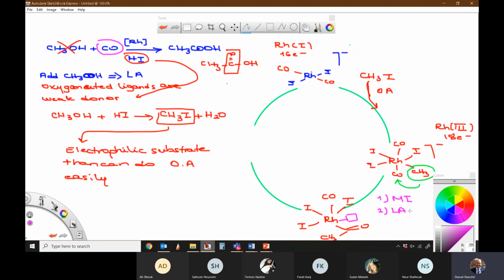So if I put ligand addition of CO, I will keep it. You will write now ligand addition CO, and it will be filled in the vacant site. Or you can write it in the same step. You can write migratory insertion then ligand addition.